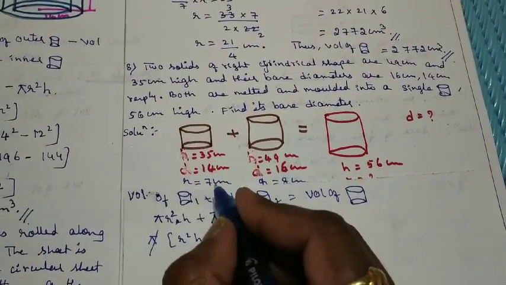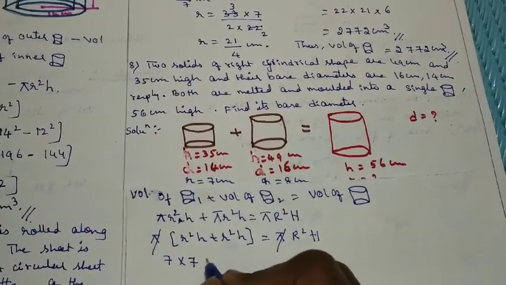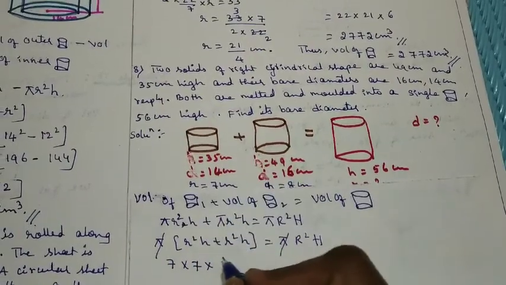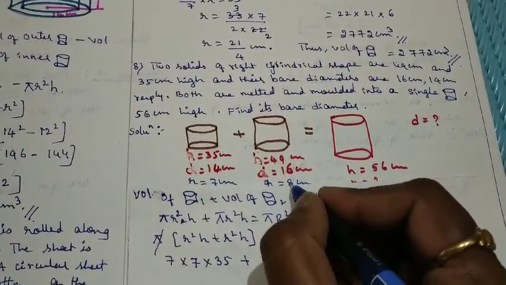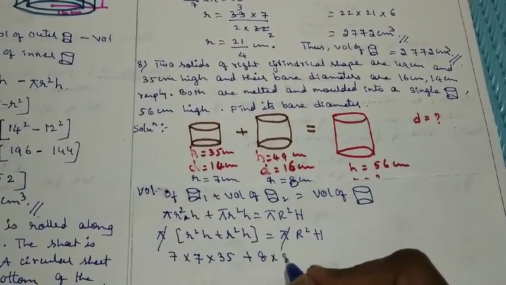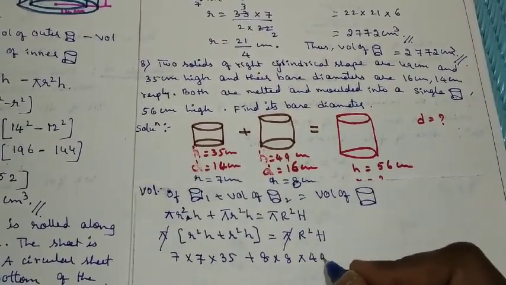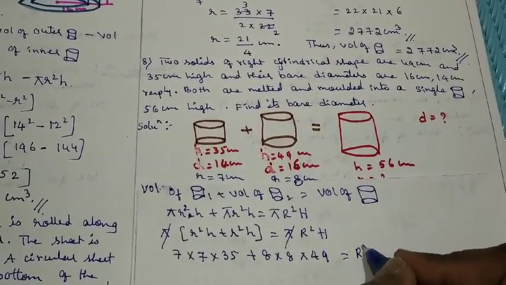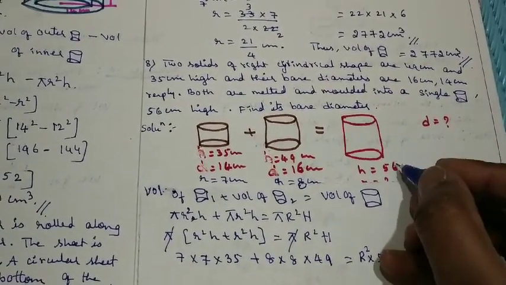Then r square is nothing but 7, so 7 into 7, and height of this cylinder is 35, plus this radius is 8 centimeter, so 8 into 8 into height is 49 centimeter, equal to R square, which we do not know, and this height is 56 centimeter given.